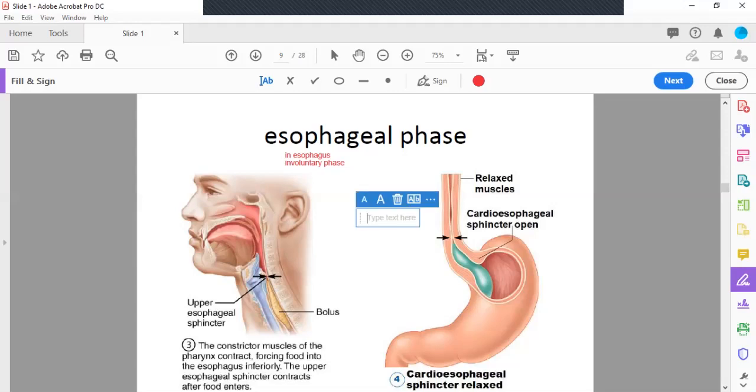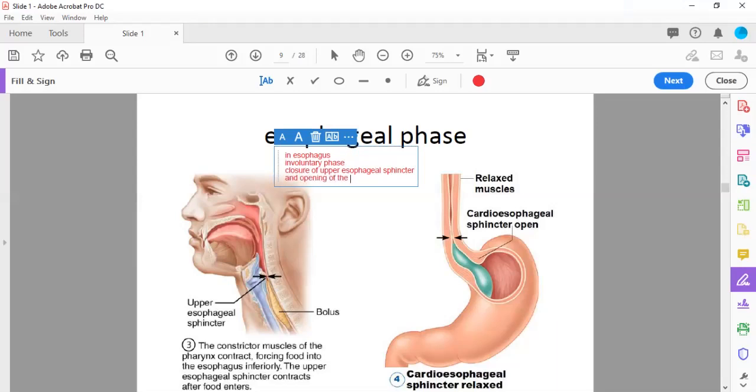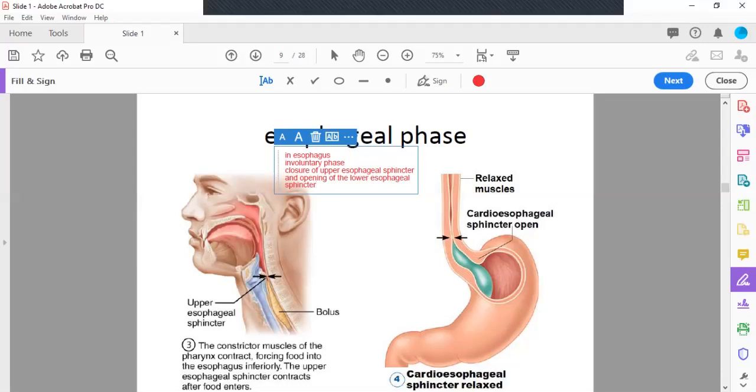In the esophageal phase, we have the closure of the upper esophageal sphincter and opening of the lower esophageal sphincter. Closing the upper esophageal sphincter is to prevent food from going back up into the pharynx.